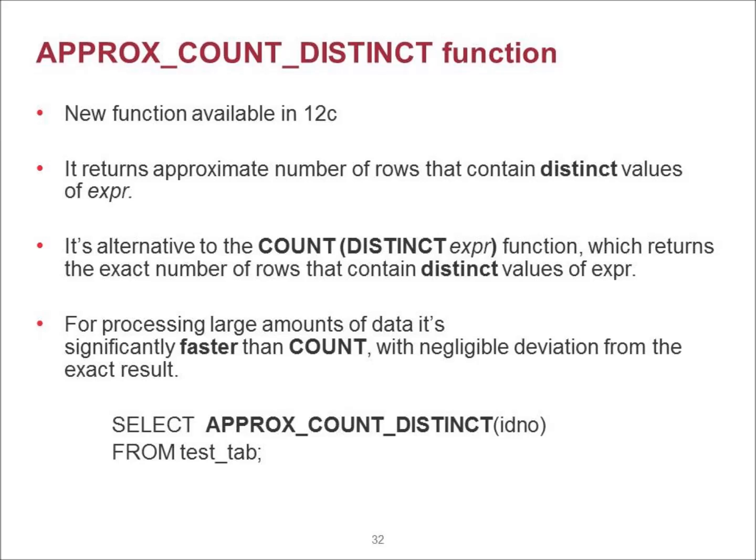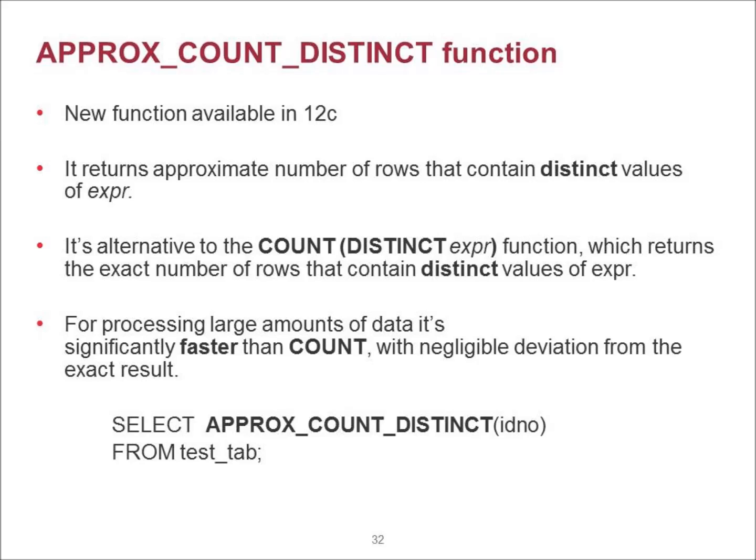Oracle 12c also introduced a new function called APPROX_COUNT_DISTINCT, which is very similar to when you do the count for distinct records. It is more efficient than the current count function. It would be a lot faster with a negligible deviation from the exact result.